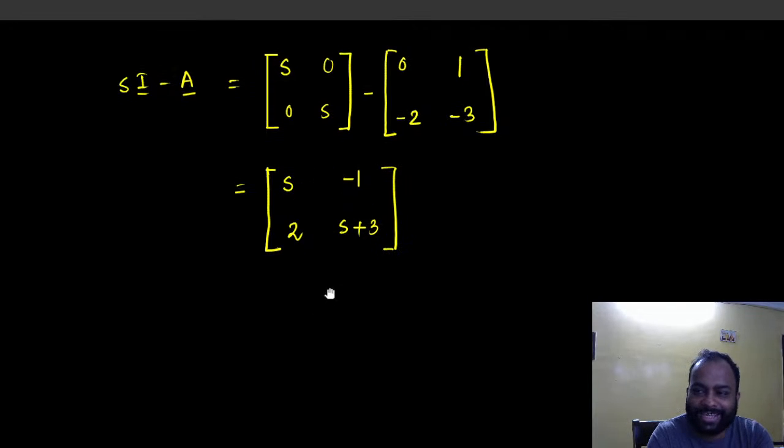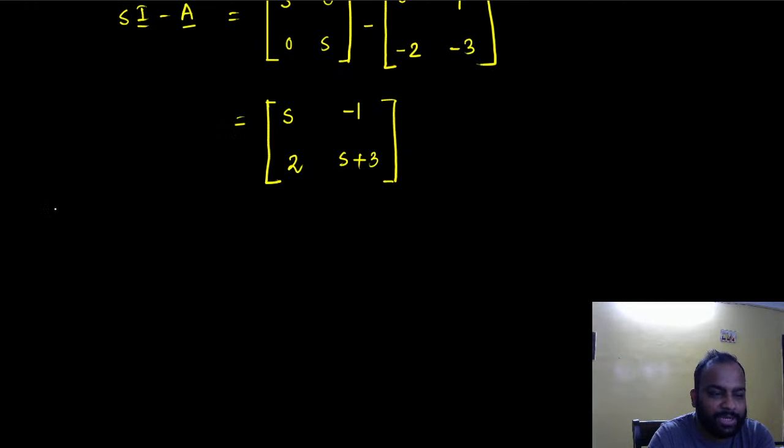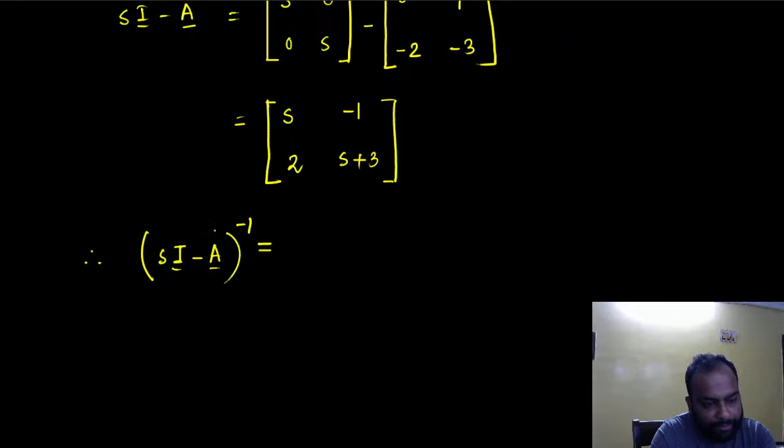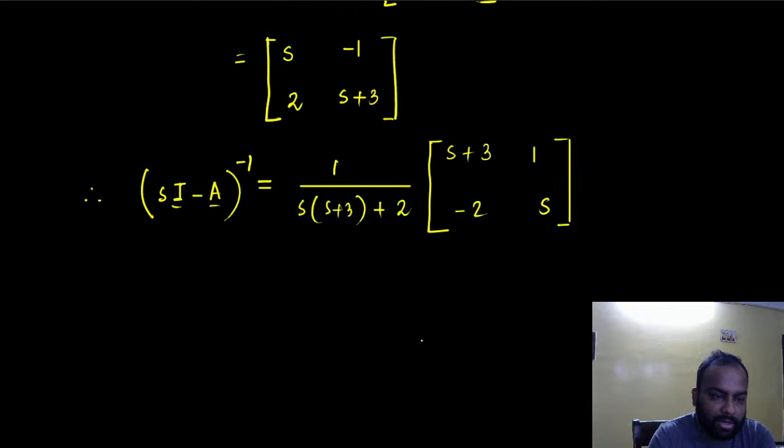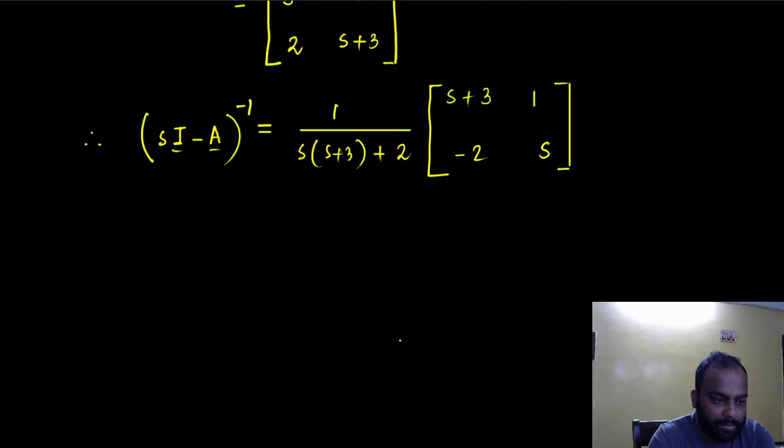Now why did I choose a 2 by 2 matrix? Because it's very easy to do a matrix inverse. Therefore the matrix inverse of sI minus A would be, of course, the adjugate divided by the determinant. The determinant is s times (s+3) plus 2, and the adjugate is [s+3 1; -2 s]. You exchange the principal diagonal terms and put minus signs on the other diagonal.